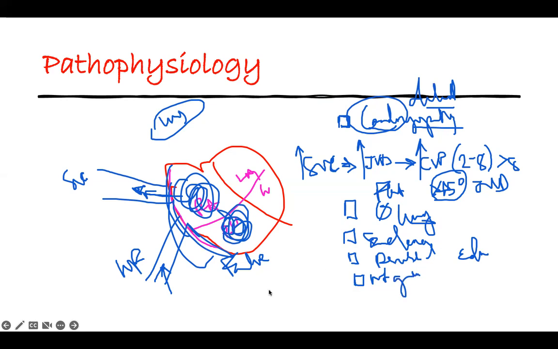And remember, the liver and the spleen send all their blood to the inferior vena cava. Well, if blood is backing up in the inferior vena cava, the spleen and the liver will become bigger.